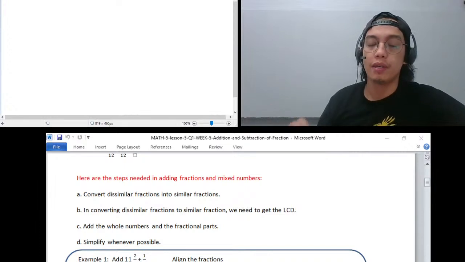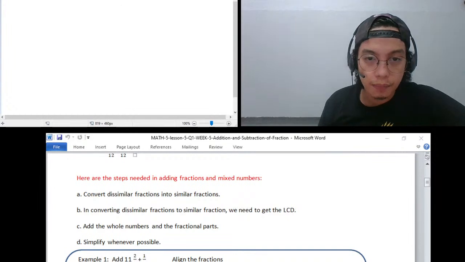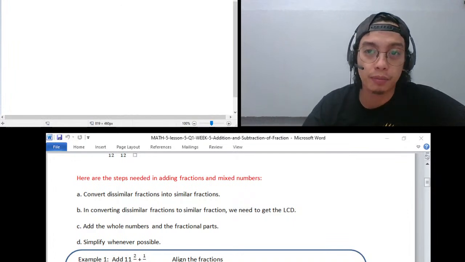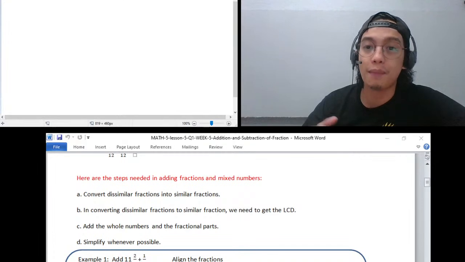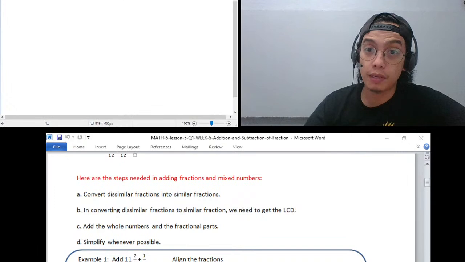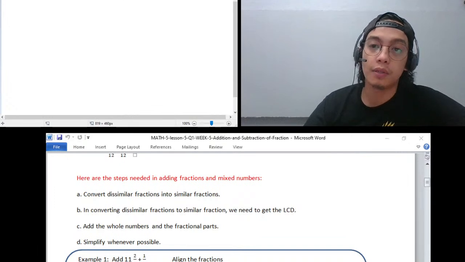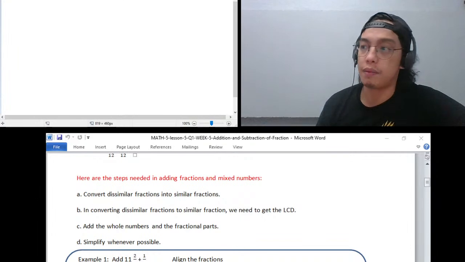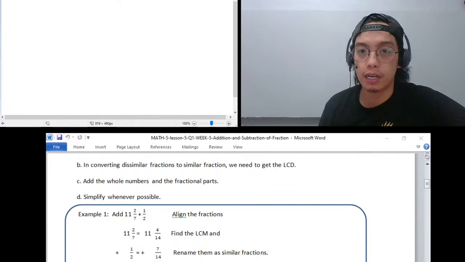Next, in converting dissimilar fractions to similar fractions, we need to get the LCD. Atong lesson previously is LCM, least common multiple. Karon, the same na siya, but atong i-apply sa denominator. So, least common denominator, LCD na siya. And add the whole numbers and the fractional parts. Simplify whenever possible. Atong i-try na siya sa atong steps, no?